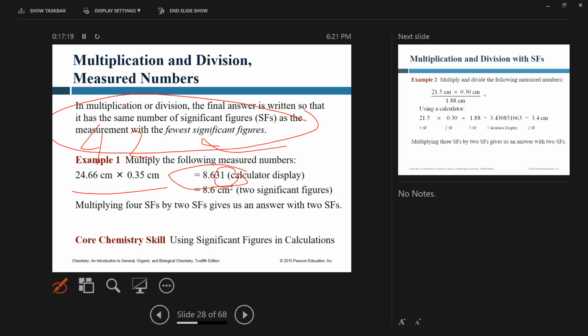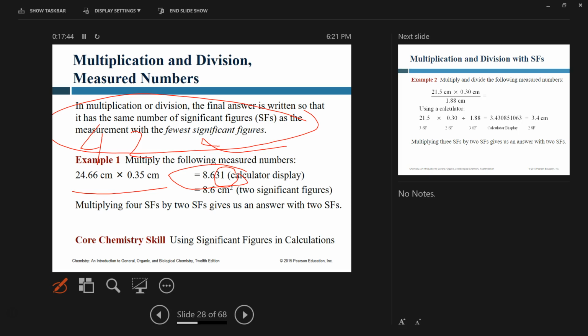that make sense? So in multiplication, the fewest significant figures dictates how many significant figures you're going to have in your final answer.